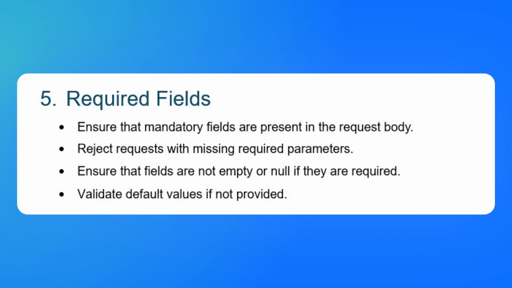In the post case, it should not post an empty name, it should return the message that the name field is empty. Reject a request with missing required parameters. Ensure that fields are not empty or null if they are required. Validate default value if not provided.